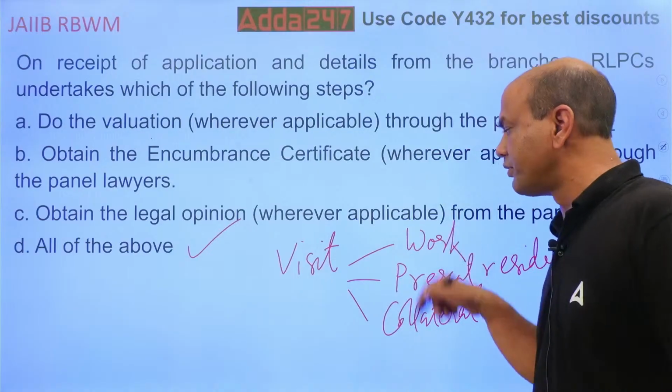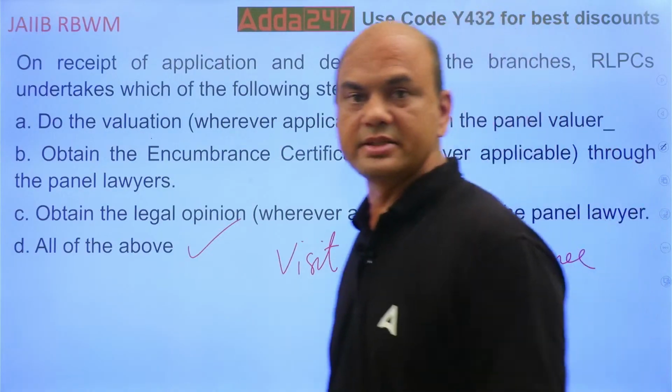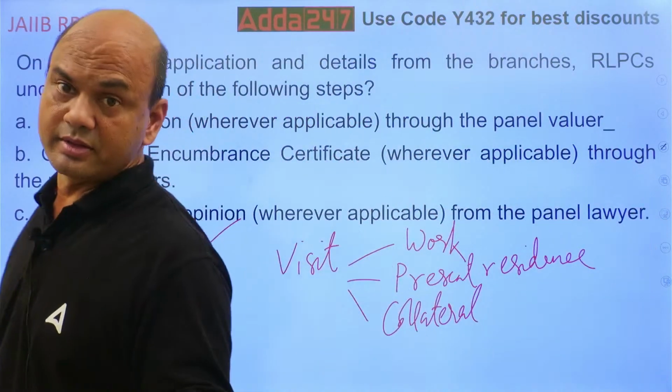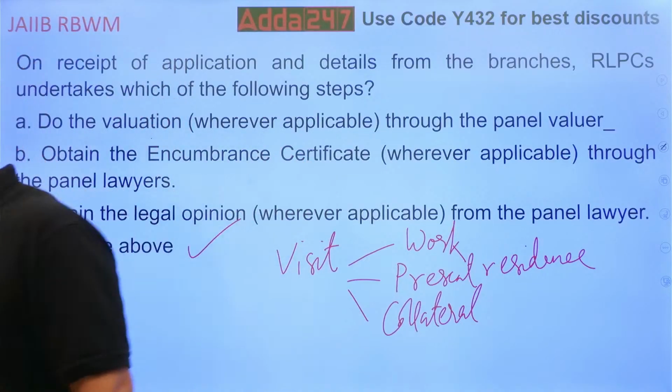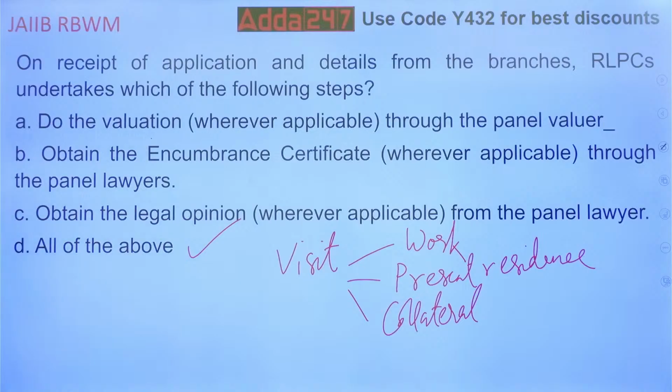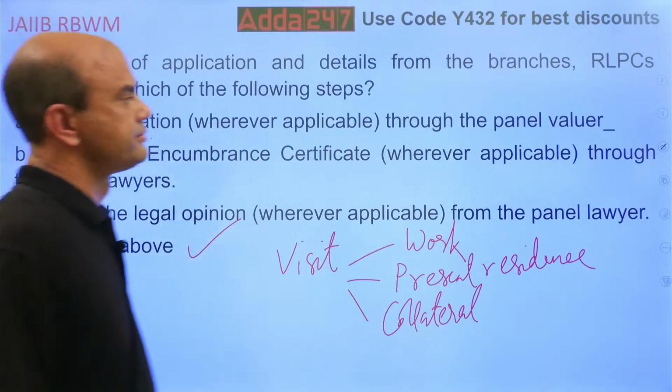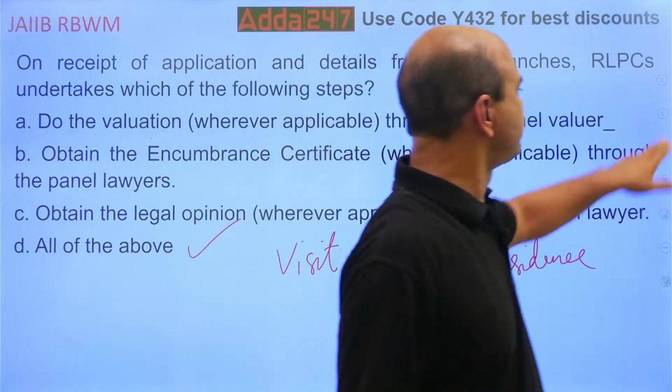So you have to make the visit at these 3 places. All 3 should be done. There is no other option. Got it? So the CPU will do all these activities. Clear?